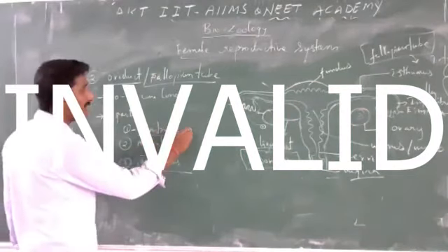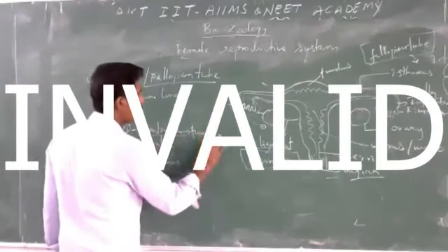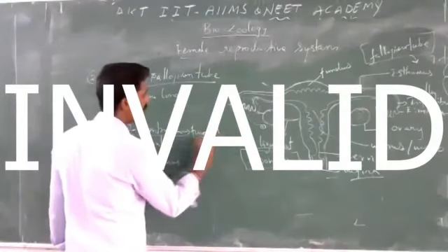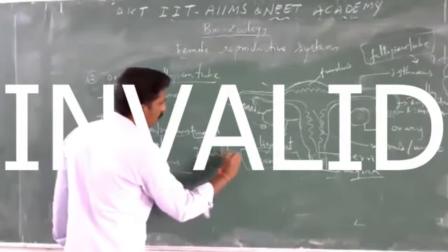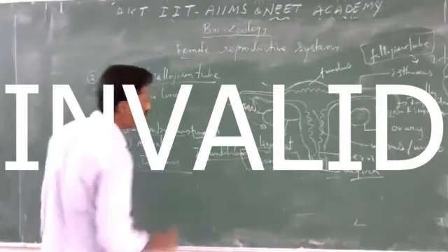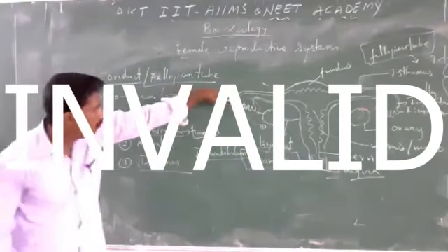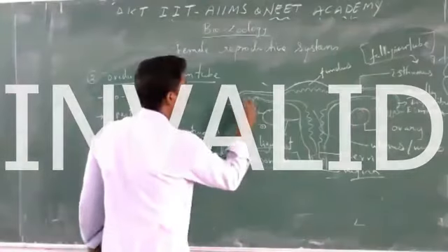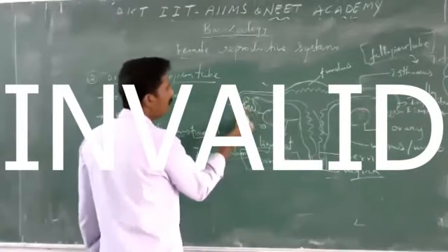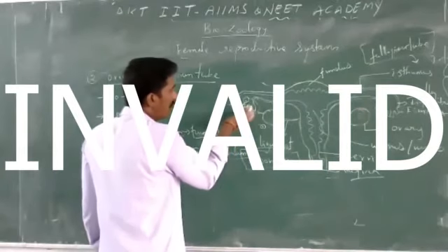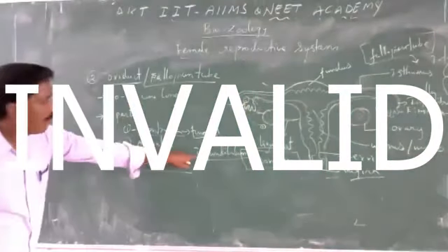The fimbriae are attached to a funnel-like structure called the infundibulum. The infundibulum receives the ovum. Actually, it is not an ovum, it is a secondary oocyte that enters through the fimbriae and infundibulum.